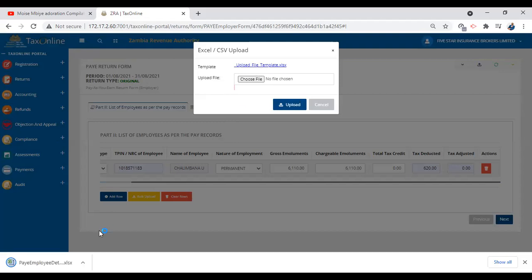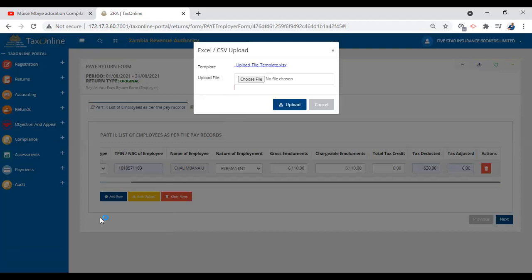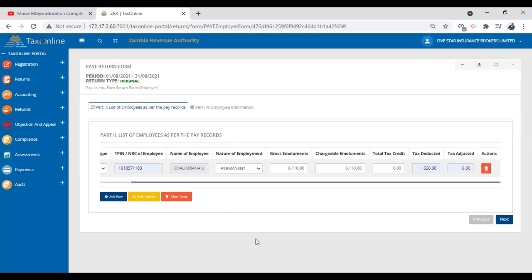You click on the upload file. It immediately downloads the upload file, this one. So then you just open it. Are you able to see my upload file?